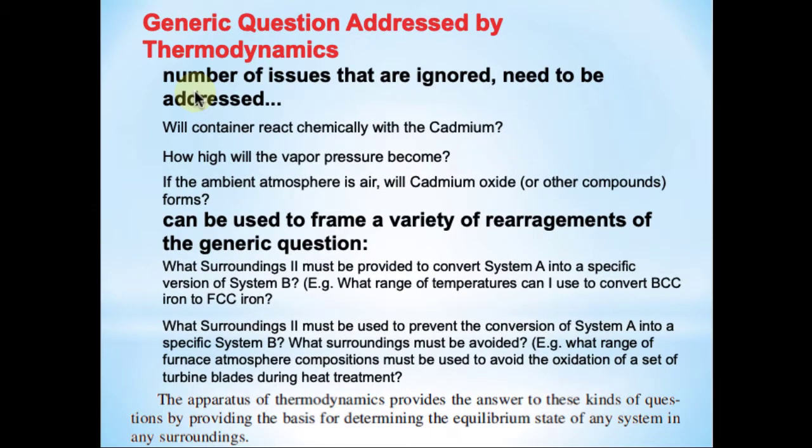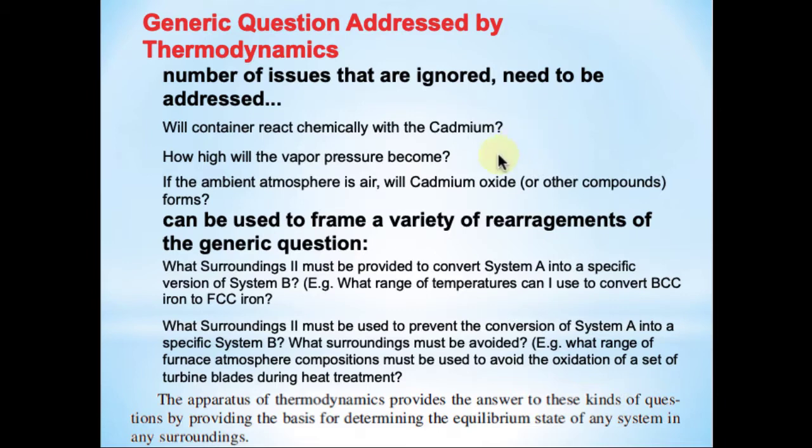Practically speaking, a number of issues that are ignored in this simple description of the process also need to be addressed. Since the cadmium will melt, it has to be placed in a container, for example a crucible, before it is put in the furnace. Will the container react chemically with the cadmium?